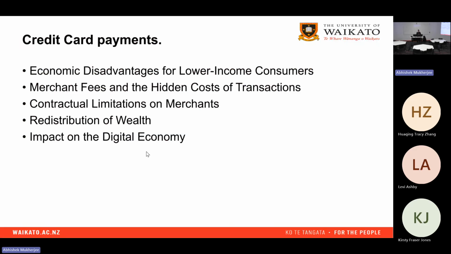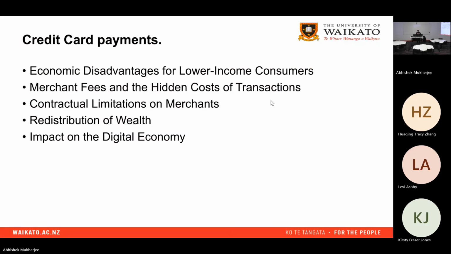Okay, so that's the hidden cost of transactions. Now, when I use a credit card, I get certain advantages because the credit card companies incentivize users. We get reward points, discounts, and all the other facilities that we can get. Okay.